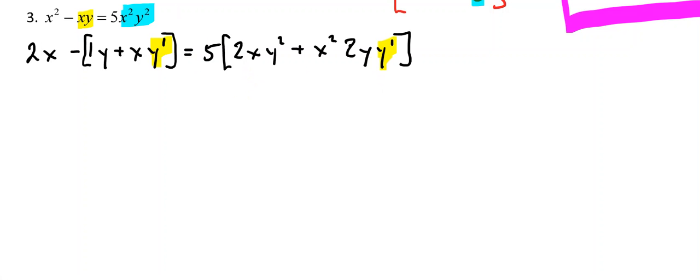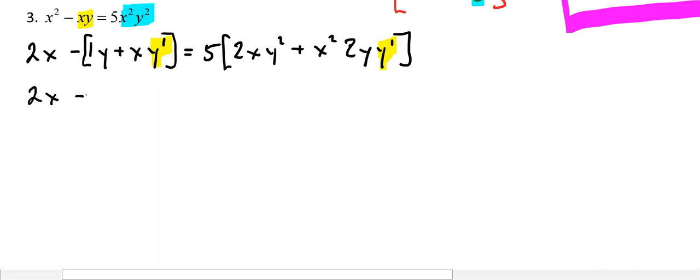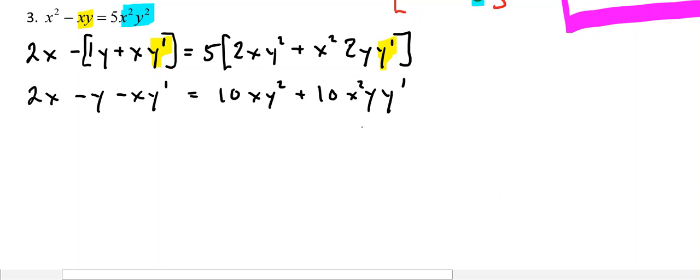So first of all, on the left-hand side, distributing this minus, we have a minus y minus xy prime. Multiplying the 5 through, we have 10xy squared plus another 10 x squared y prime. Now, these two terms have a y prime.